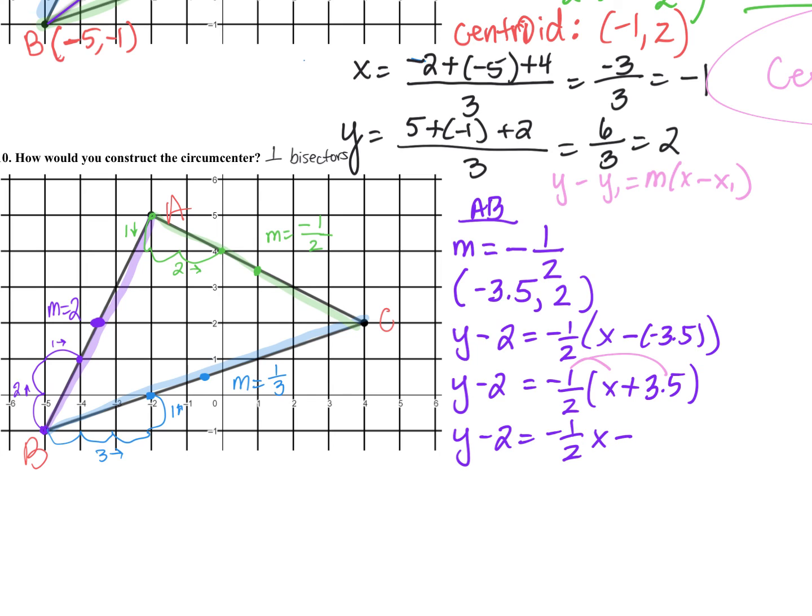minus 3.5 divided by 2. Let's see, 3.5 divided by 2 is 1.75. Couldn't think on top of my head. There we go. Now I need to move the 2 to the other side.